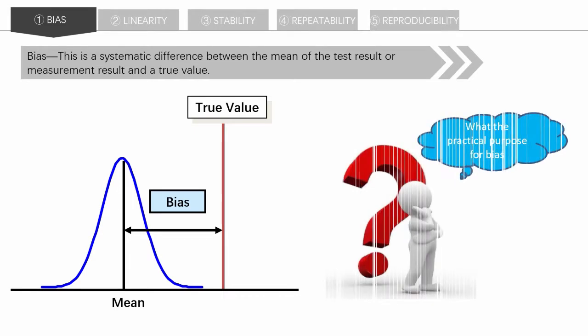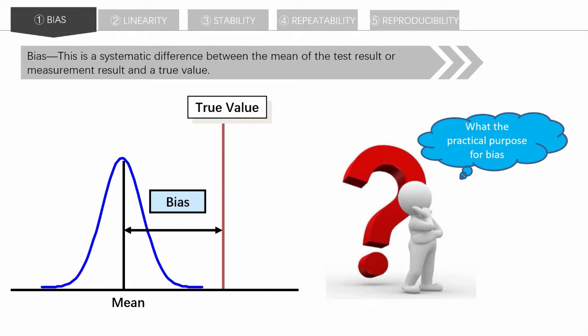Maybe you are thinking, I know bias is important for MSA, but what is the practical purpose of bias in your daily use? We want to know the practical purpose so that bias can be better used.